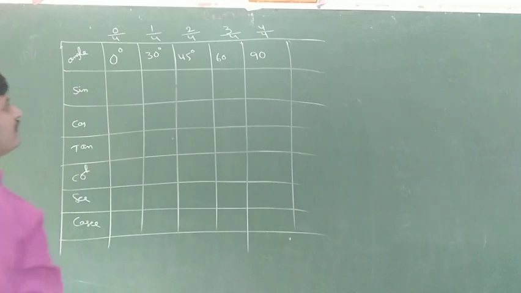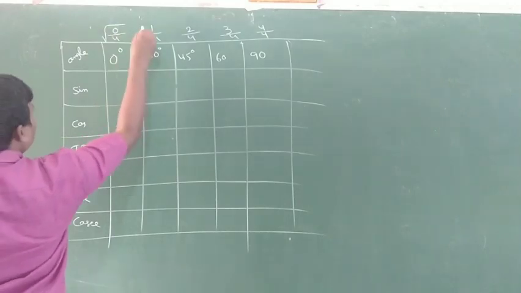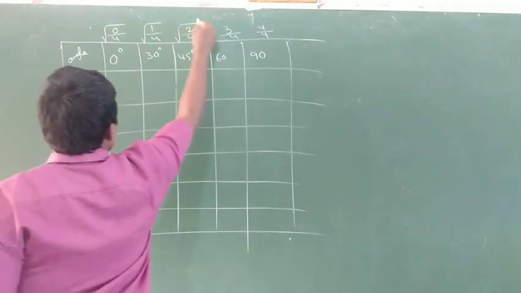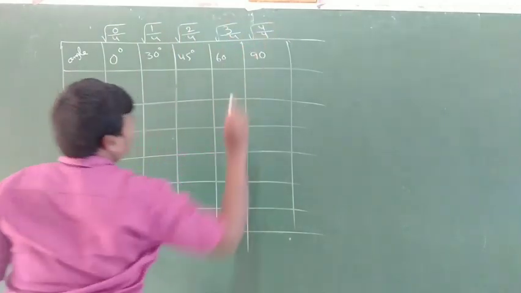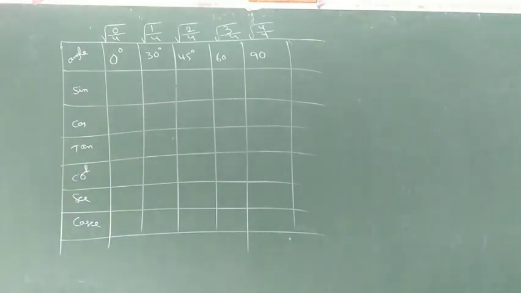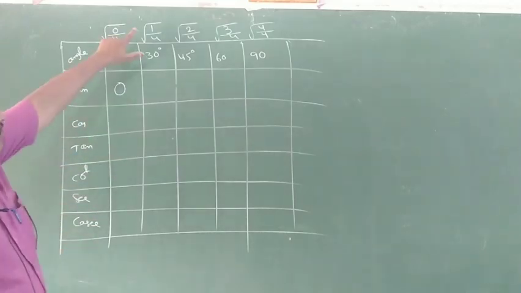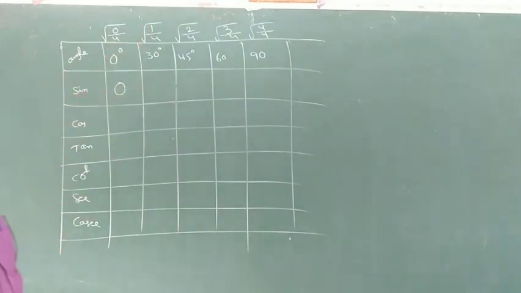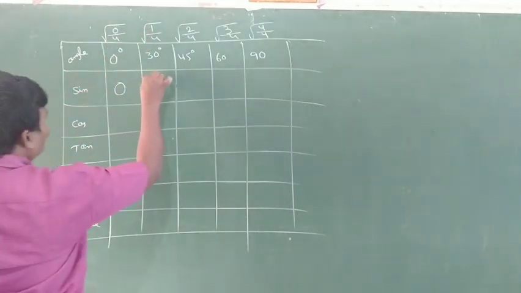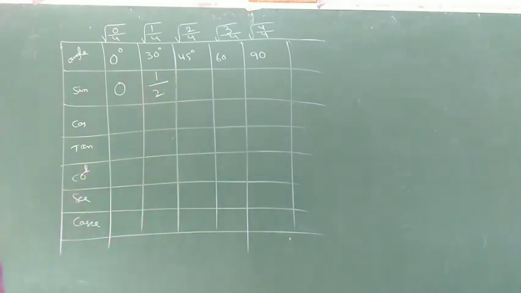Take the root. Sine values: 0 by anything is 0, root 0 is 0. Root of 1 by 4: root 1 is 1, root 4 is 2.